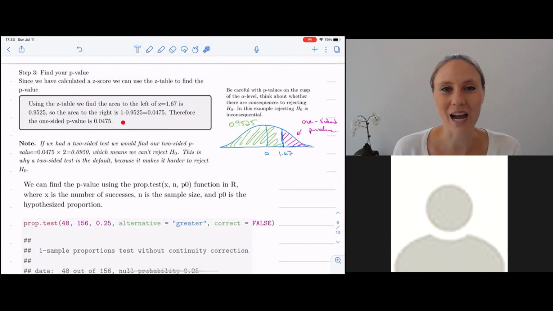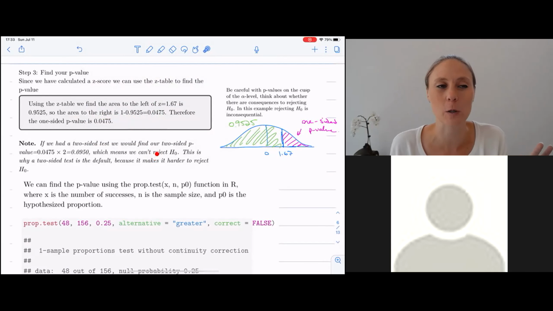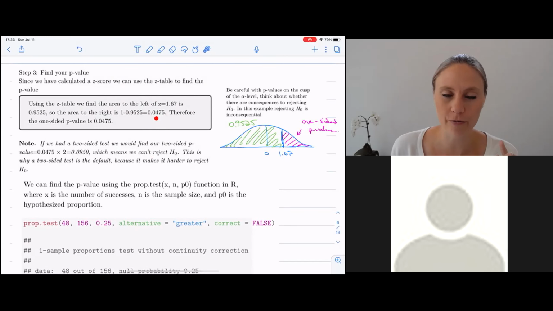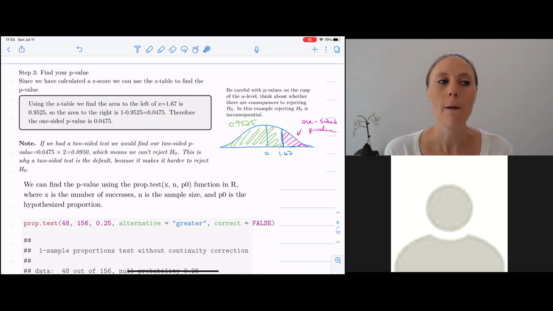I frantically couldn't remember if I had it in here, which I'm glad I do. I mentioned it at the end of chapter 5, part 2. But here I want to illustrate how important it is that you don't put too much weight on the p-value. A p-value of 0.0475 is less than 0.05, so there's no arguing that it is less than 0.05. But what if it's going to cost your company $1 million to reject the null hypothesis?